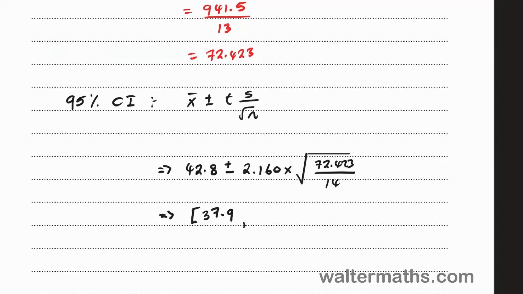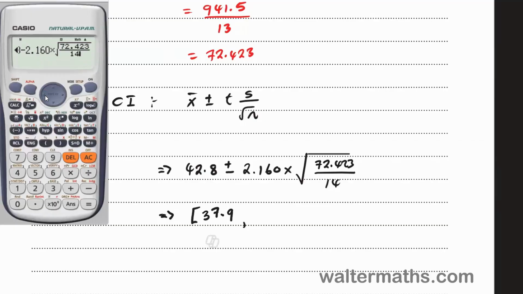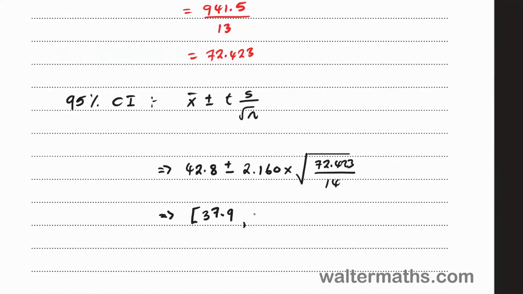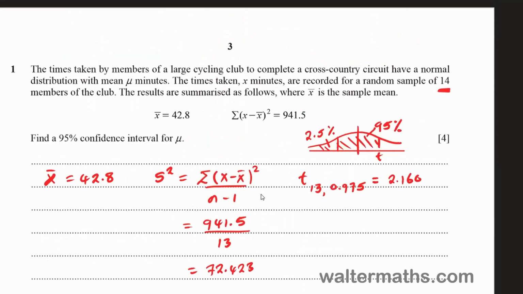The other one, we'll use plus. And we get 47.7. So 37.9 to 47.7 is the answer. And that's how we do it for this particular question.